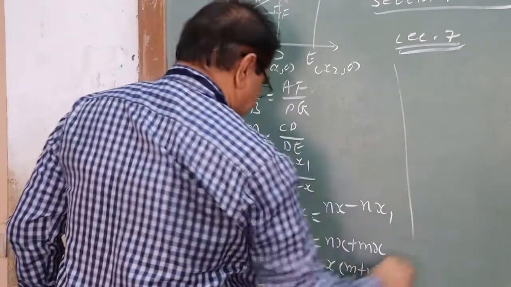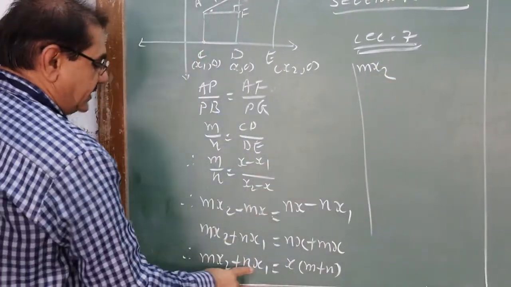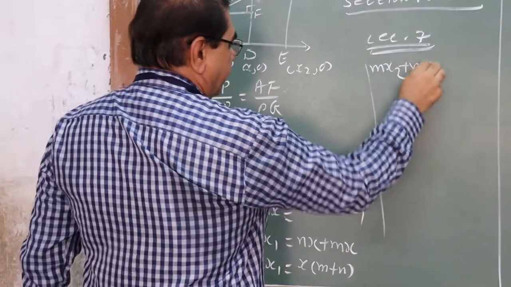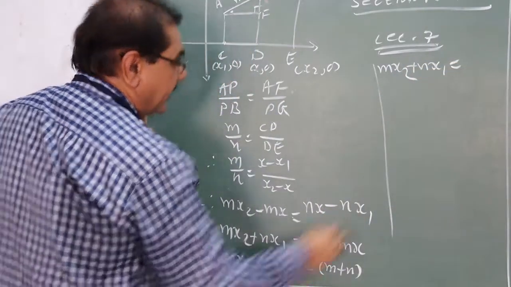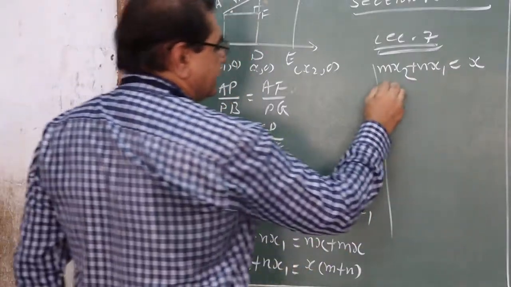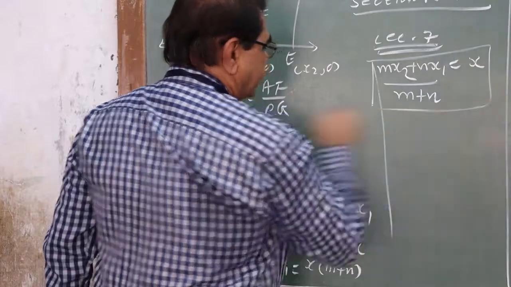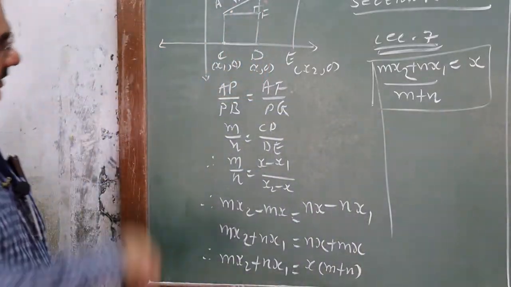So in the next step, mx2 plus nx1 is equal to x times m plus n, and m plus n changes the side and becomes the denominator. So this is the formula for x that we proved that day.